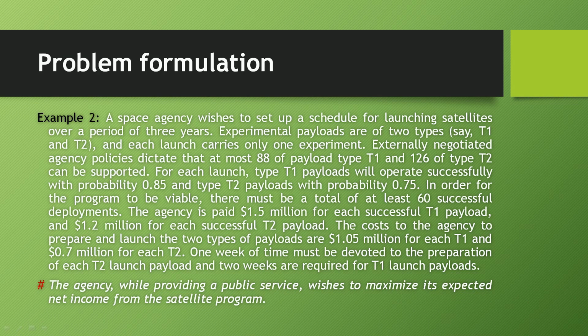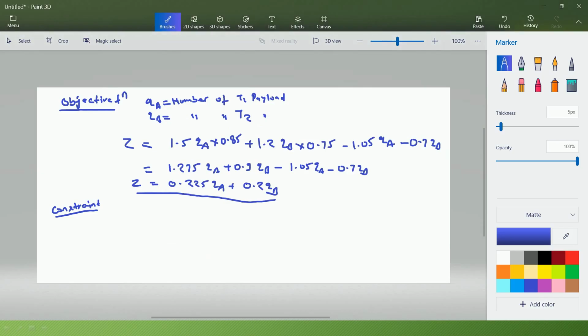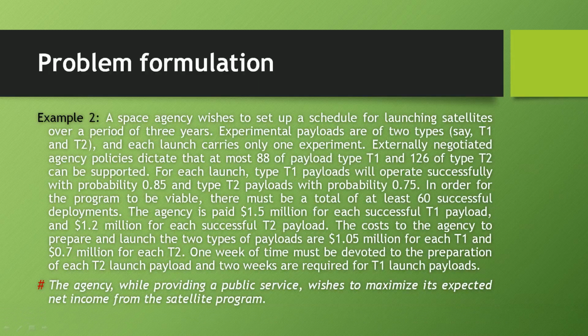So the external negotiated agency policies dictate that at most 88 of payload type T1 and 126 of type T2 can be supported. So QA should be less than or equal to 88 and QB should be less than or equal to 126. This is our equation 1. Okay, and we have utilized this data.